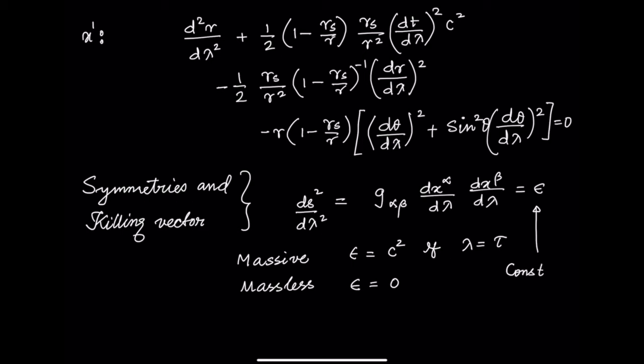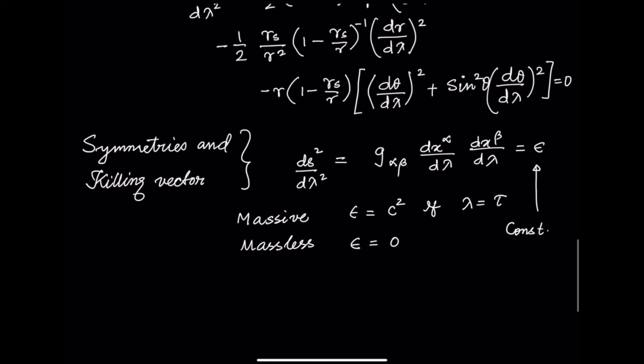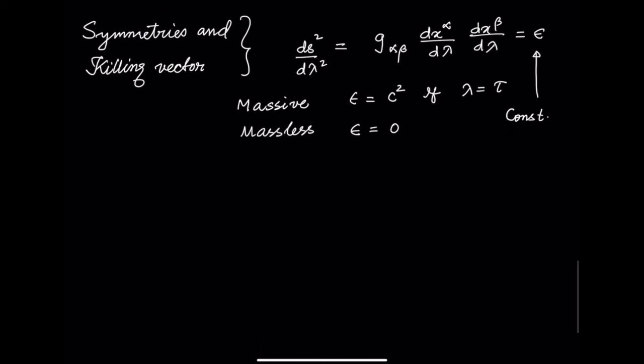So these are invariants or constants. Which means that now I already have one constant, and I can use this because dx alpha d lambda etc. look like quite familiar things, which I have written here, dt by d lambda whole square. That is when alpha equals 0 and beta equals 0. Okay, Killing vectors.